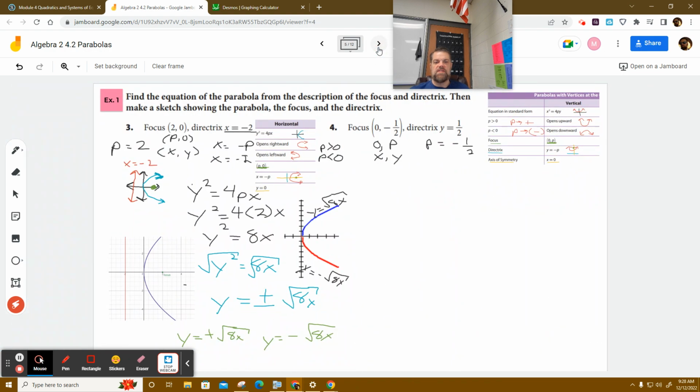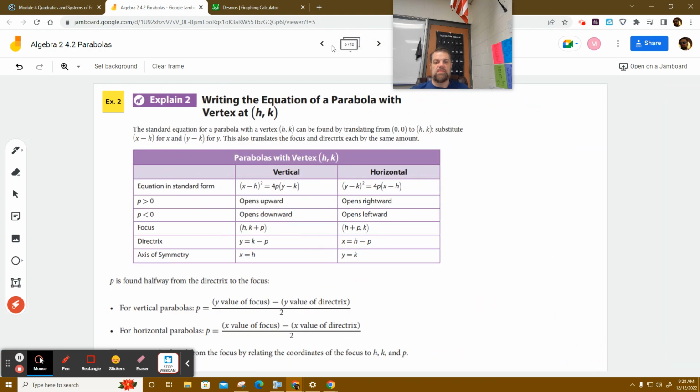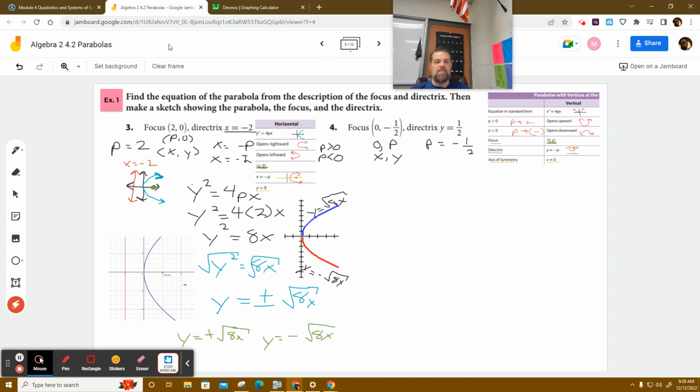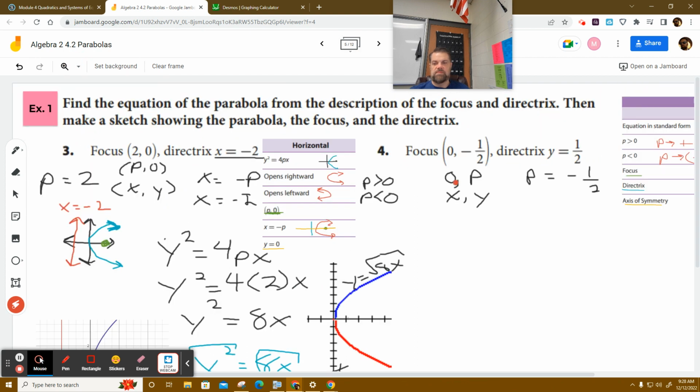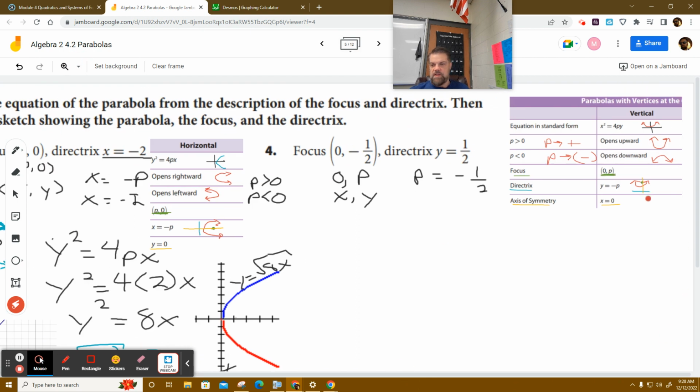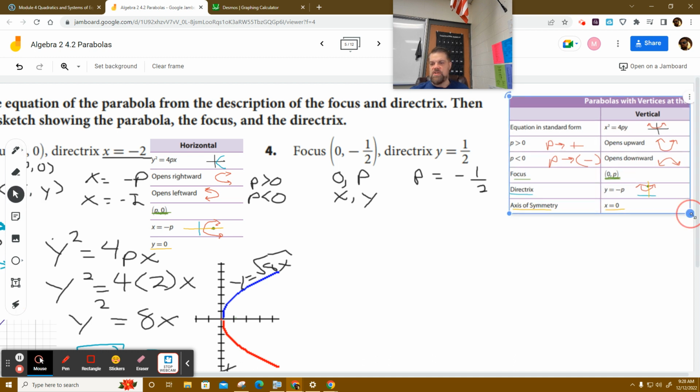In other words, the formula changes to x squared equals 4py. So we just flip-flop it.